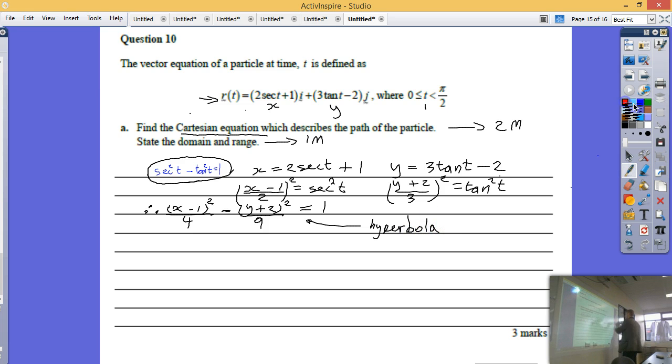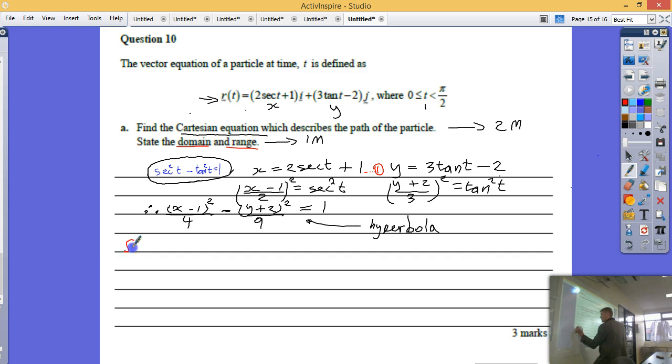So the last part of this question is getting the domain and range. So the domain of the Cartesian equation is the same as the x values, and the x values are determined by our parametric equation number 1. So if I get the range of that function, then that will give me the domain of the Cartesian equation.